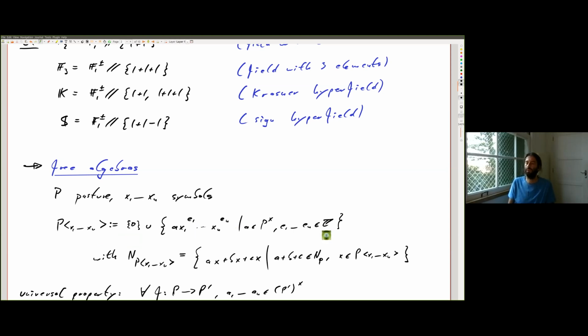So these are, to be precise, Laurent monomials. We allow negative exponents. And the null set is the minimal null set that's generated by the null set of P.